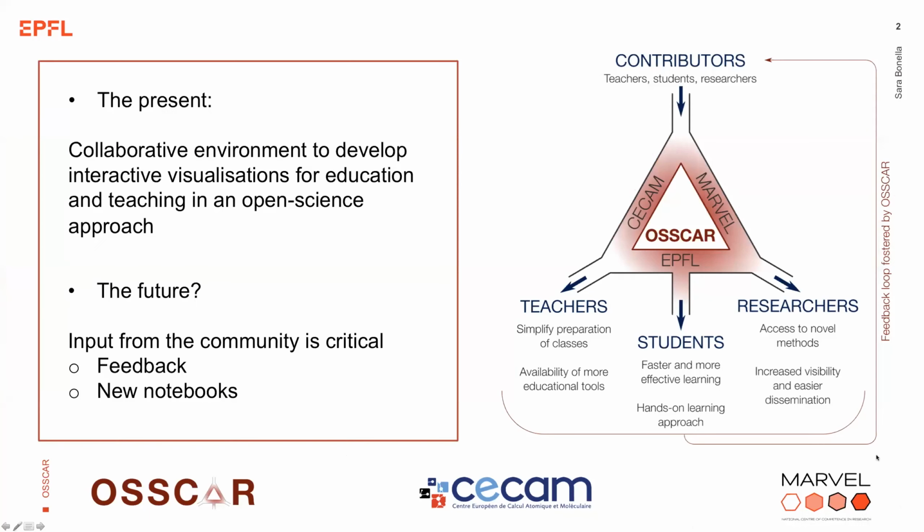In order to share with you our ideas on this matter, I just want to go back to the first slide that Giovanni showed us and remind you that the effort that we have made up until now has been to develop a collaborative environment for interactive visualization for education and teaching. You have seen one example in Taylor's talk, and Do has given you some ideas about the technical solutions that we have identified. Now, the question is, where do we go from here?